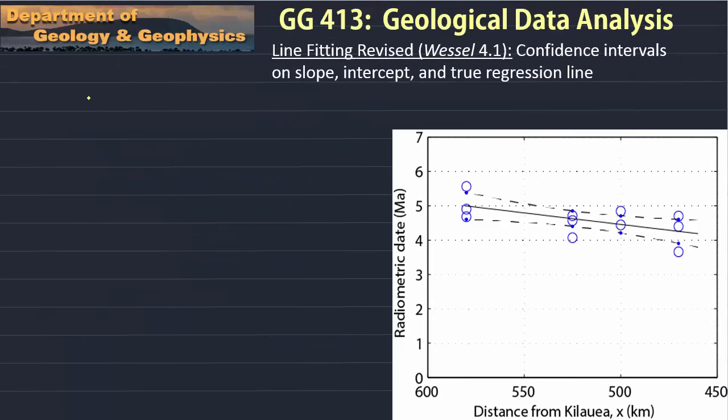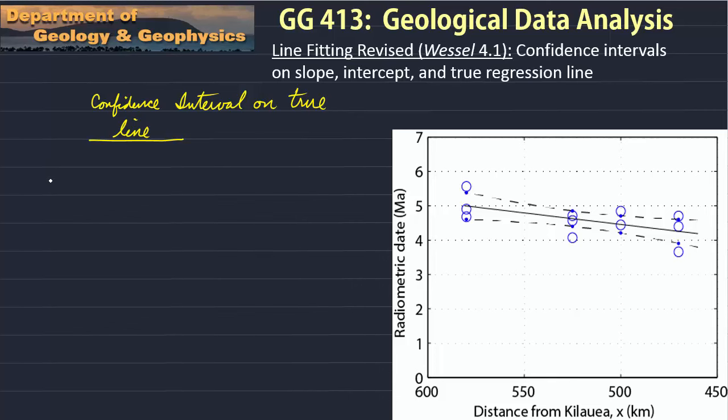And the last part of our solution is the confidence interval on the true linear trend itself. Or a true line, so to speak.